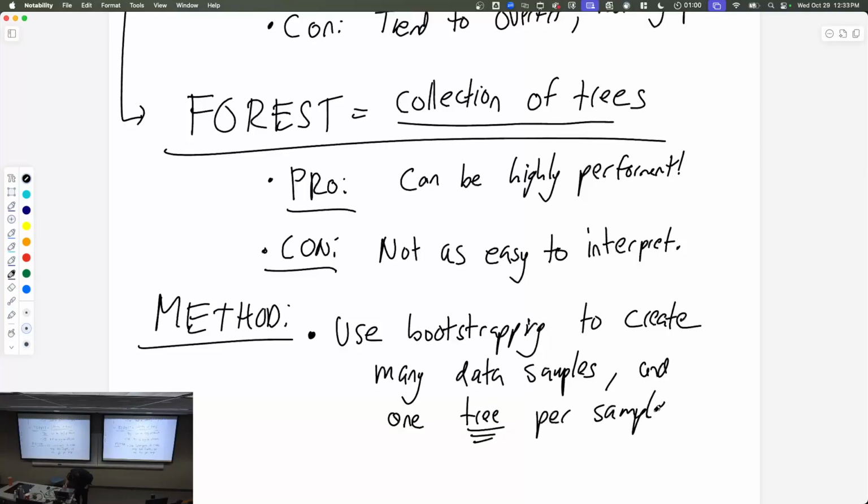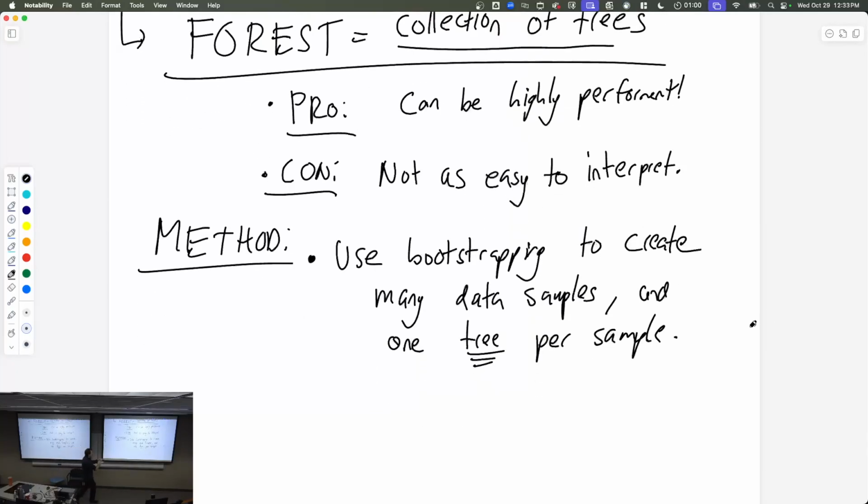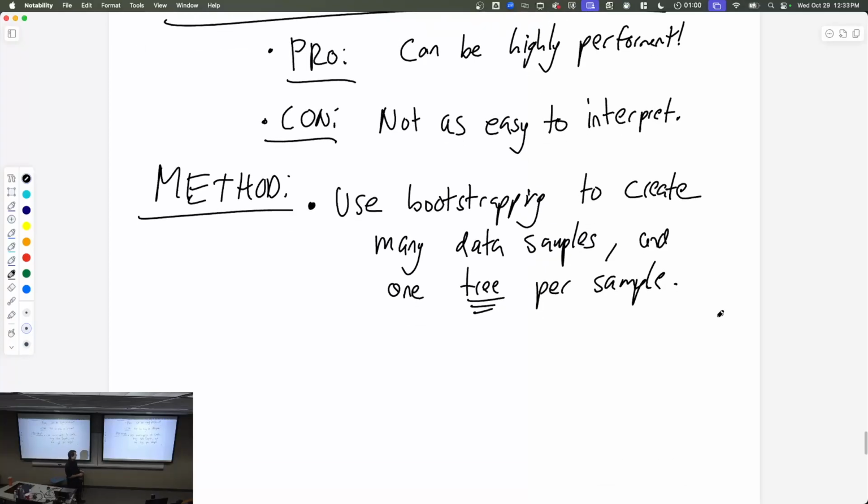So by the bootstrapping method, we can create these various data sets. And because they're bootstrapped, they are not exactly the same. They're all slightly different. And trees are very fickle. So if you have a very slightly different data set, you might get a completely different tree. And that's actually a good thing in this situation. The trees are very different. Even though they all came from the same original data source, because they were bootstrapped to different samples, you get different trees.